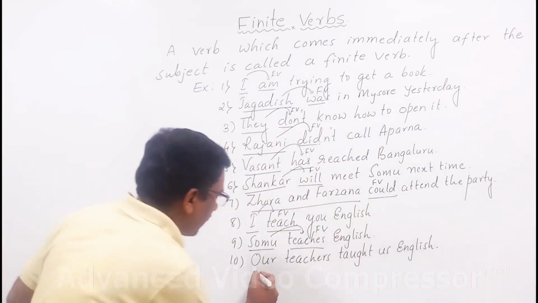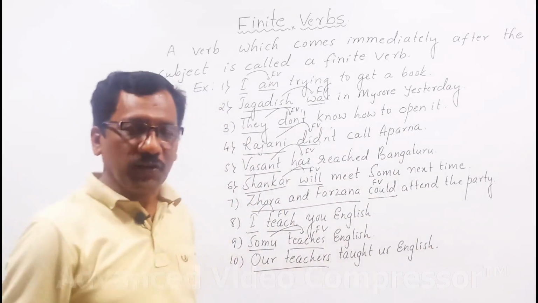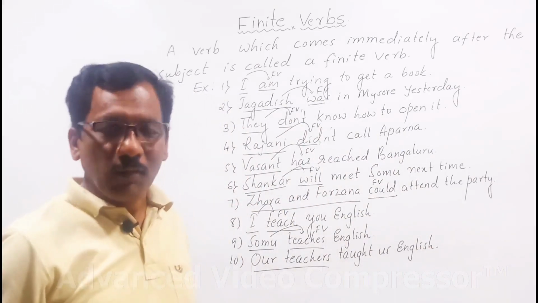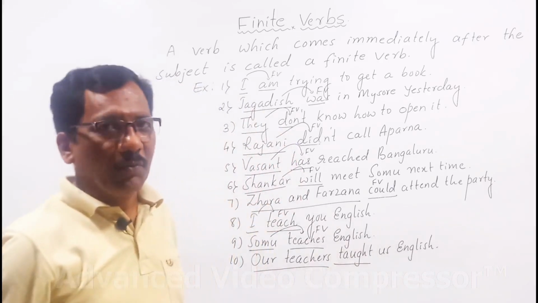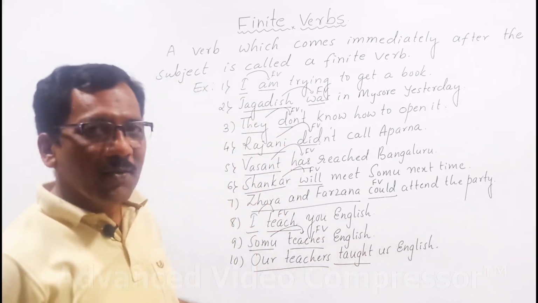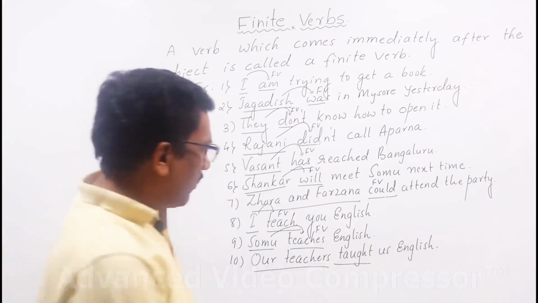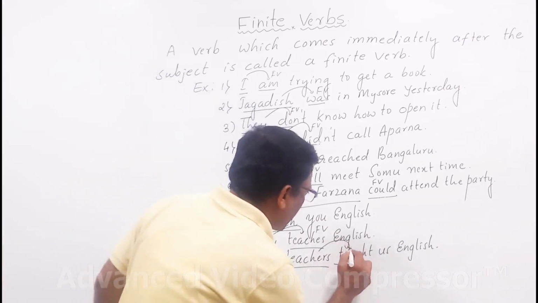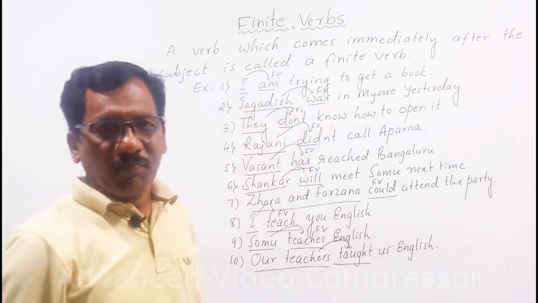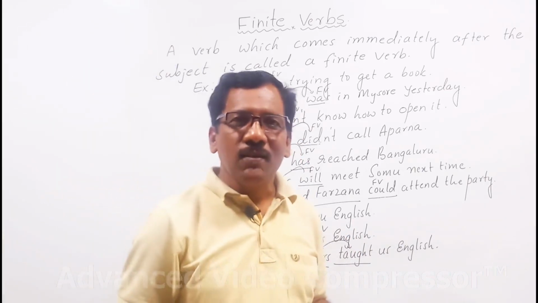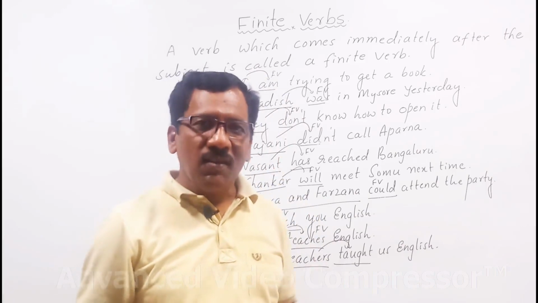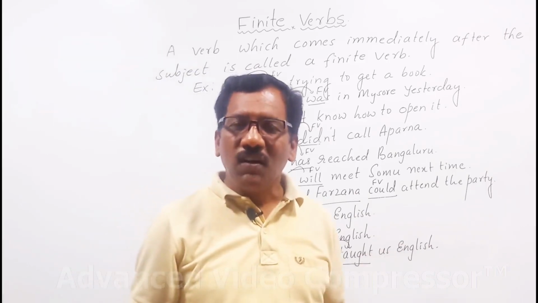Clear? Here in this sentence, what's the subject? Our teachers, the subject. And what word has come after our teachers? The word taught. Then, what's the finite verb here? Taught, because it has come after the subject. I hope it's clear.